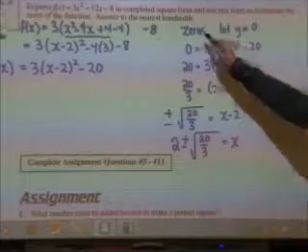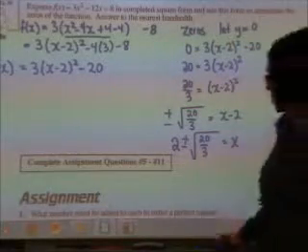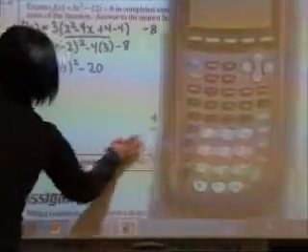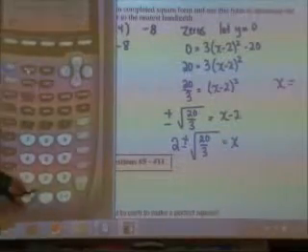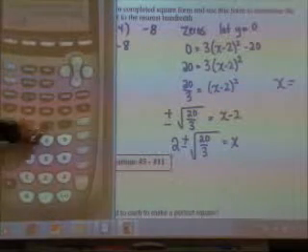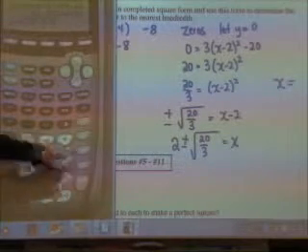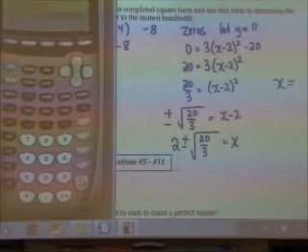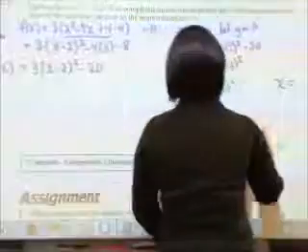So the question does say to the nearest hundredth, so if I actually calculated this out, I'd have 2 plus the square root of 20 divided by 3, which would give me 4.58 to the nearest hundredth.